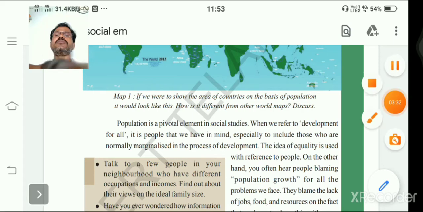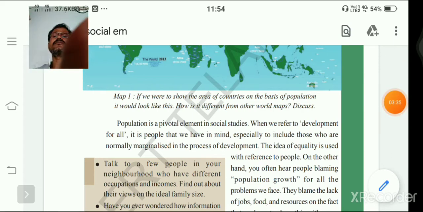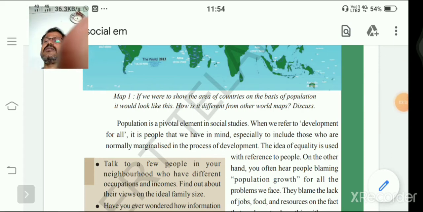All the people should get development. So population is a very important one. Here it is about the people who are in that nation, to know whether they are developed or not.